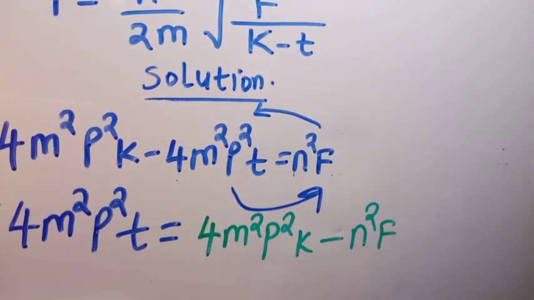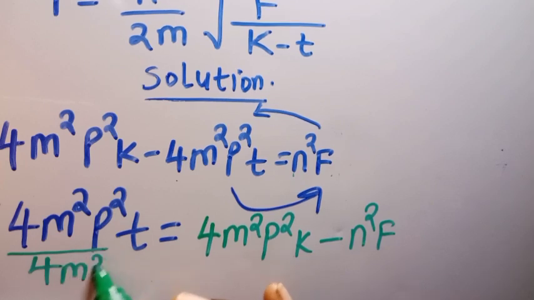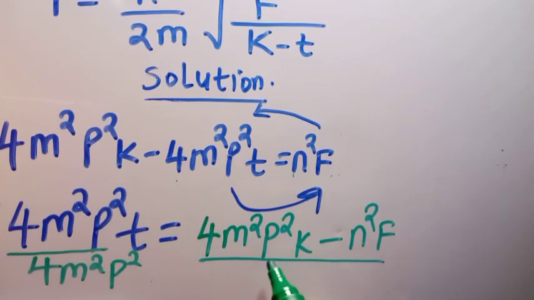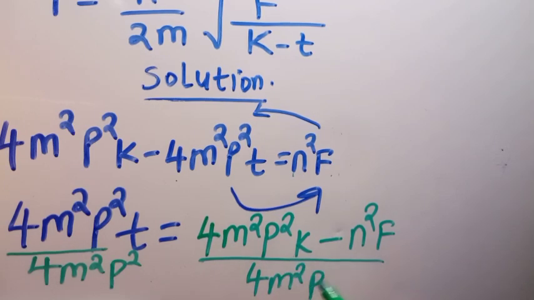And therefore, reaching this point, we want to make t the subject, then we shall divide by 4m squared p squared on both sides. This one and this one simplify.